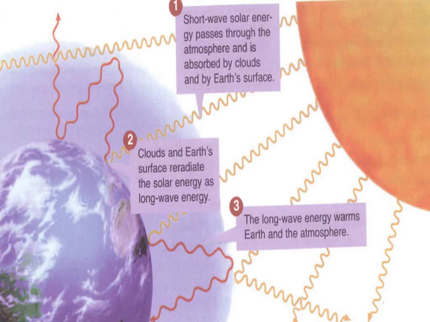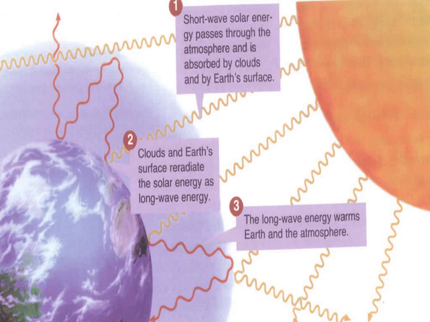By explaining this figure, we understand what it means. First, short-wave solar energy passes through the atmosphere and is absorbed by clouds and by Earth's surface. We said that this radiation coming in from the sun is absorbed by what? By clouds and Earth's surface.